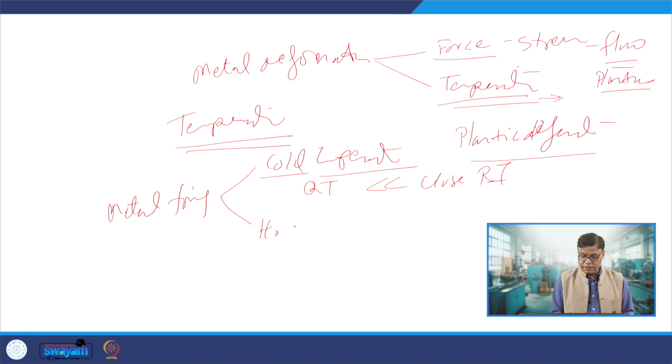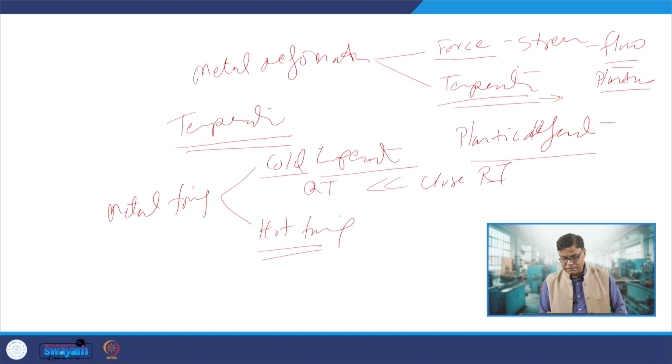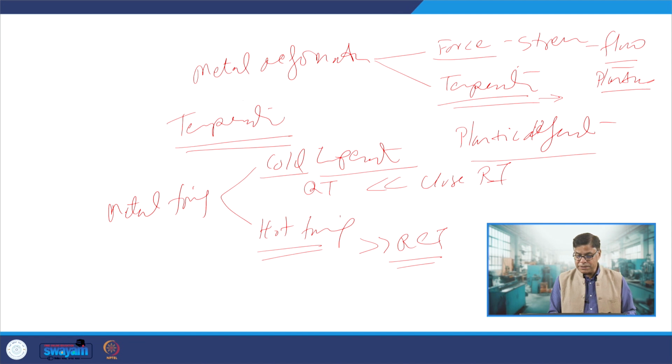Then hot forming, when the metal being subjected to the plastic deformation is heated above the recrystallization temperature. And if the plastic deformation is realized at a temperature in between the room temperature and the recrystallization temperature, then we call it warm forming. So, cold forming, hot forming and warm forming in between.